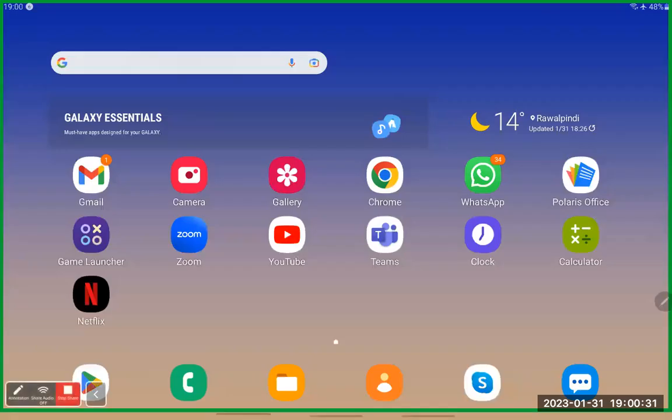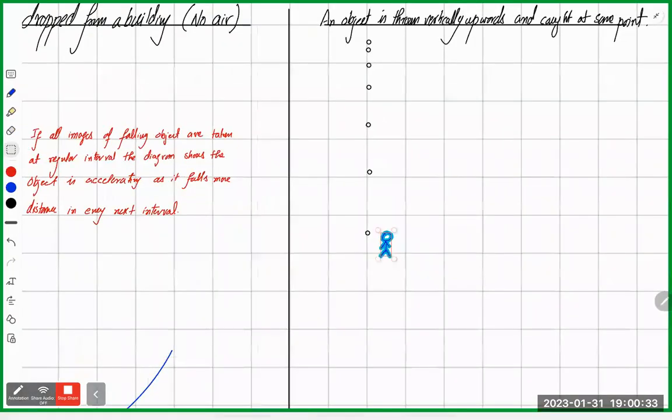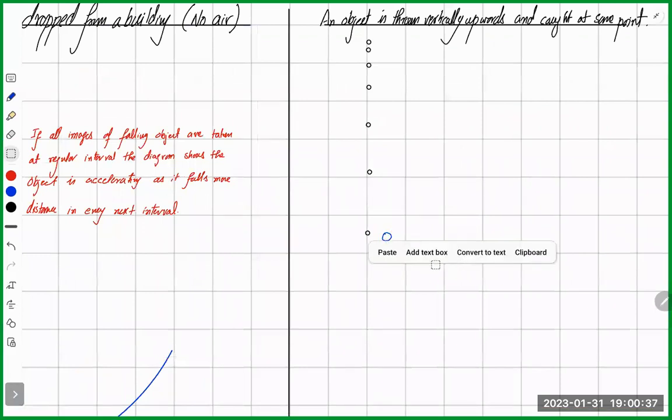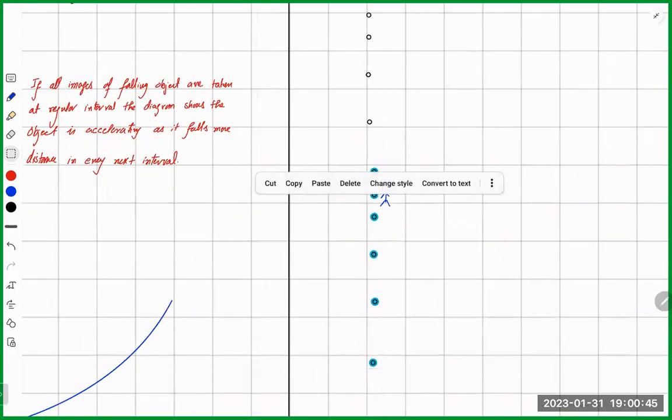So this person throws the object up and then catches it back again.